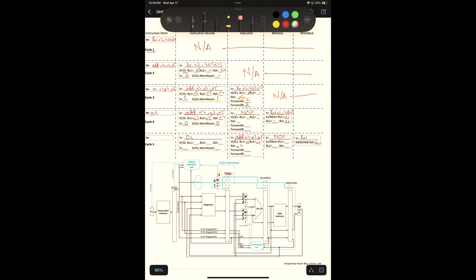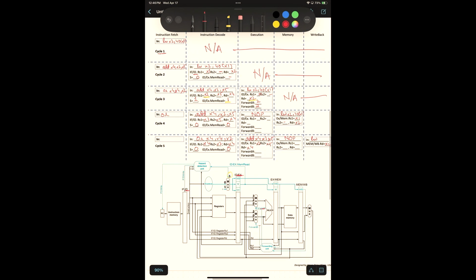This one will contain OR X4, X4, X2, you just fill that out. RD is X4, RS2 is X2, and RS1 is X4. What will be the value of IDX memRead? 0 again, S is 0 again, and the next clock cycle contains add X9 and so on.